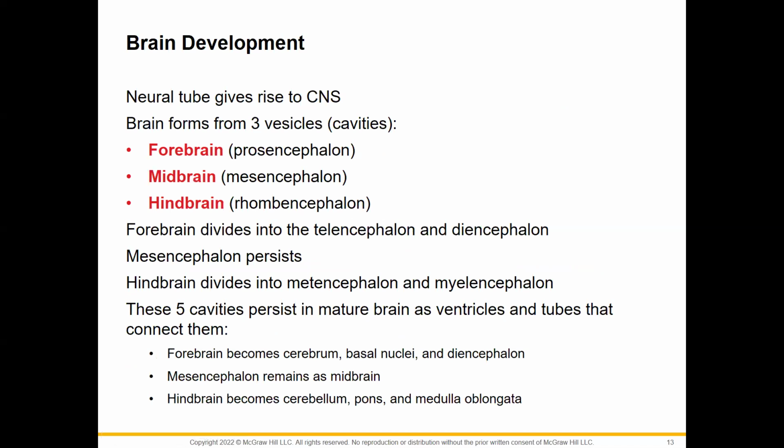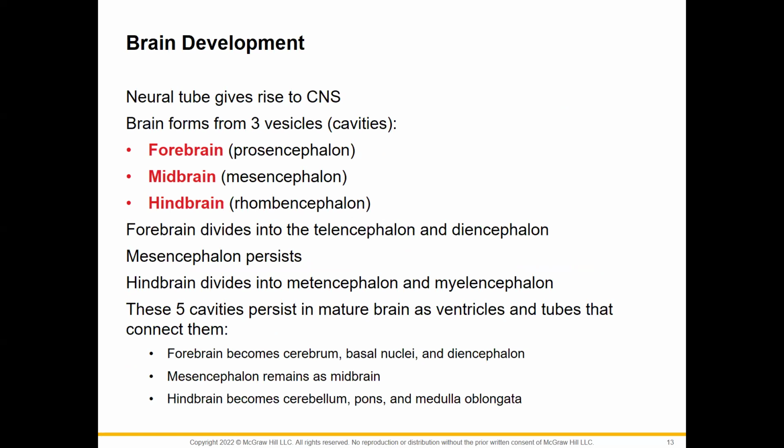All right. So in brain development, when the sperm meets the egg and comes together to form the zygote, those cells start to divide and divide and divide, and you get the blastula, you get the morula, all of that stuff.